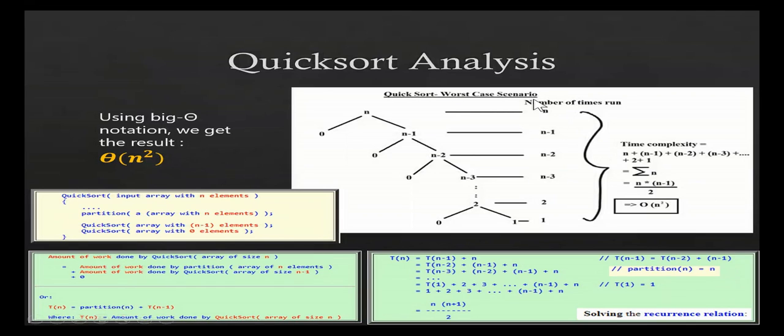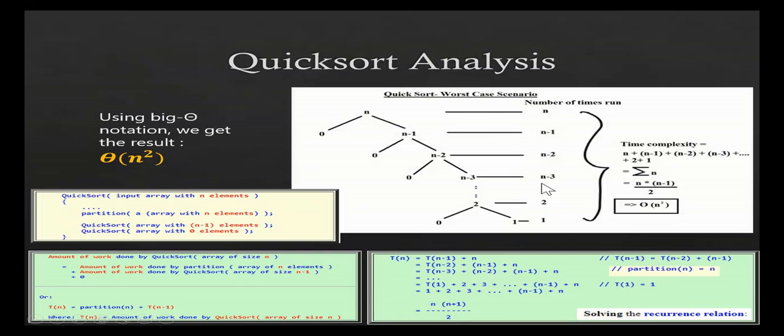And using the decision tree, we see that after every step it's taking n minus 1 elements, right? First, it takes n elements. After the first iteration, it takes n minus 1 elements. After that, n minus 2.